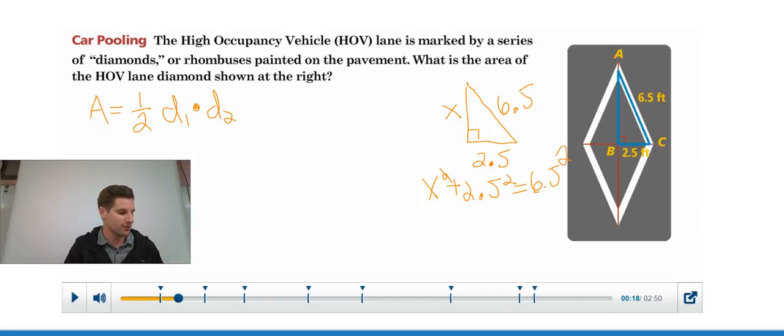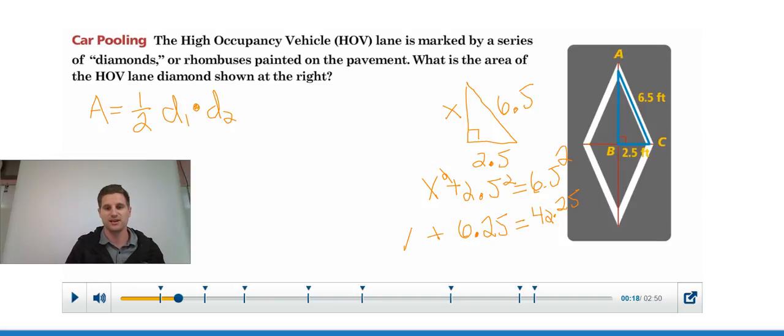Okay, so we're going to go ahead and grab our calculator. 2.5 squared is going to give us 6.25. And 6.5 squared is going to give us 42.25.